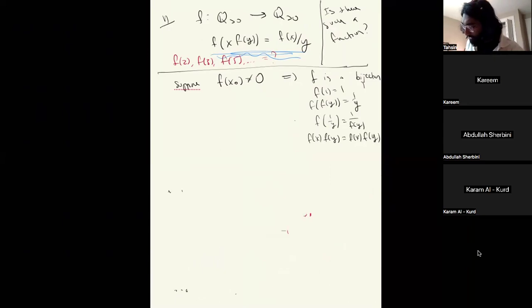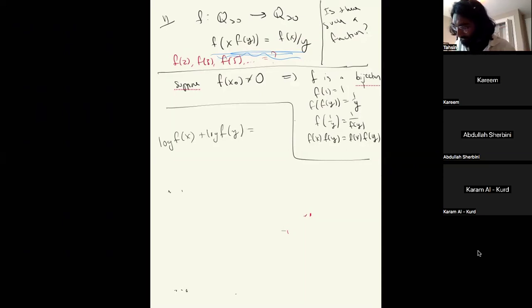So yeah, we can take logs. We'll get log of f of x plus log of f of y equals, what did I write? I meant to write this: log of f of xy. Moreover, we can write x equals e to the u.